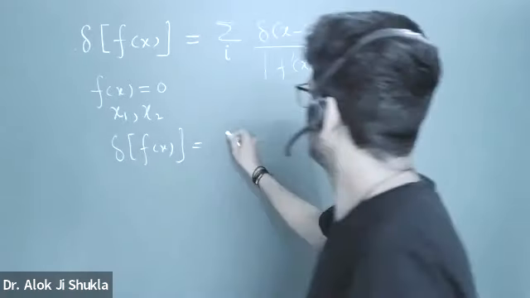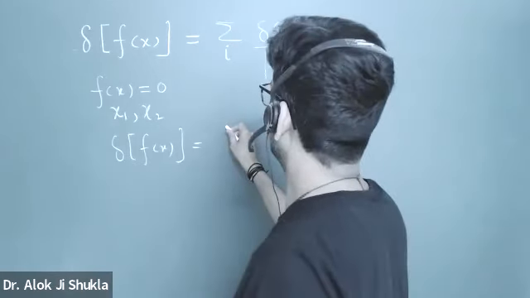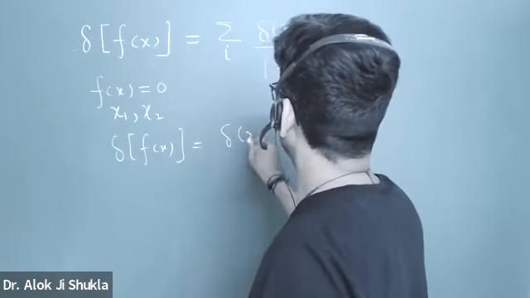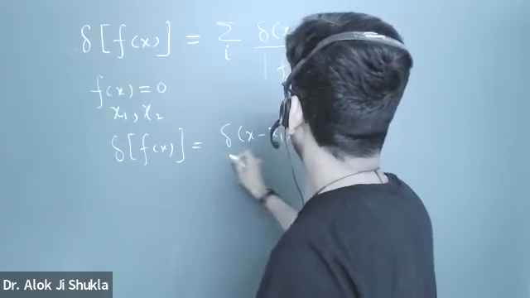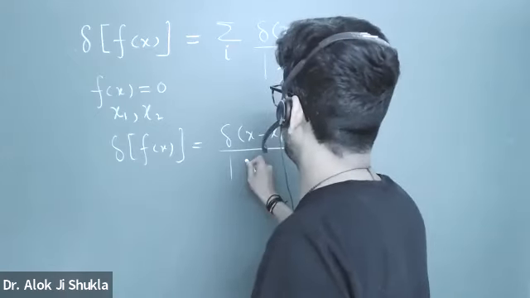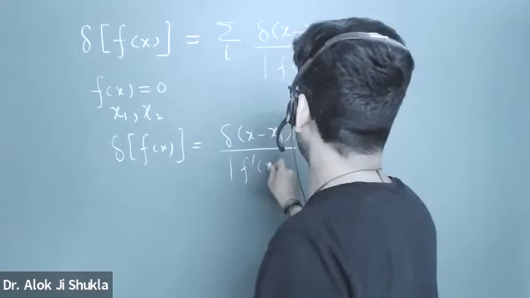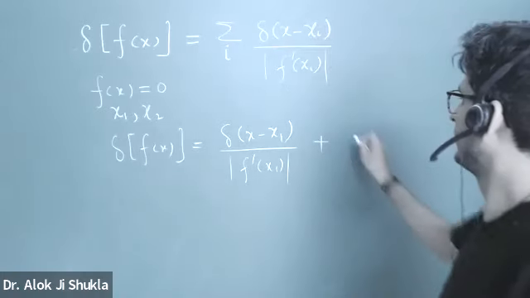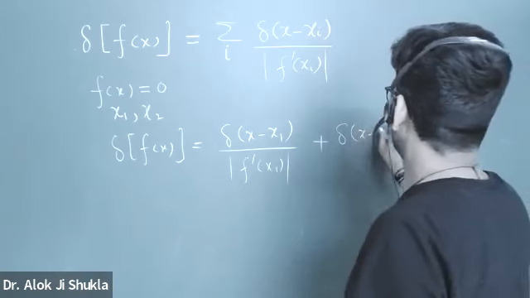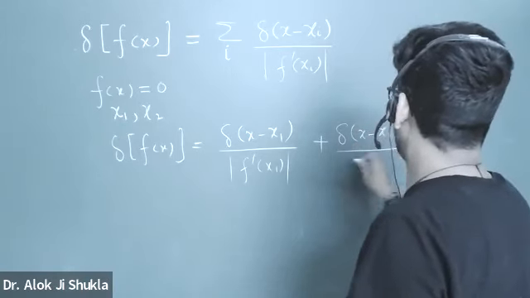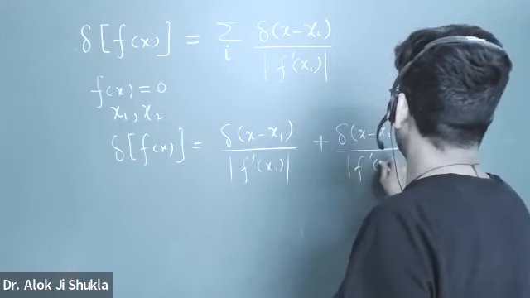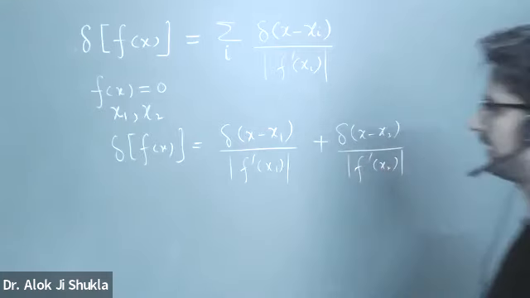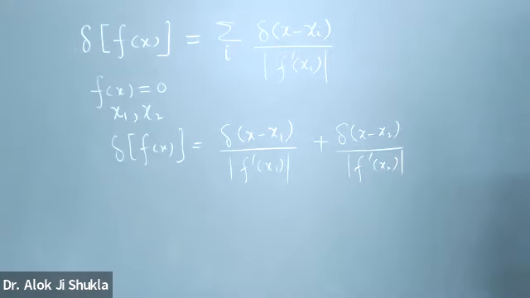It will become summation over i, delta function x minus x1 upon mod of derivative of x1, plus delta function x minus x2 upon mod of f dash x2. Is that correct for this particular case?